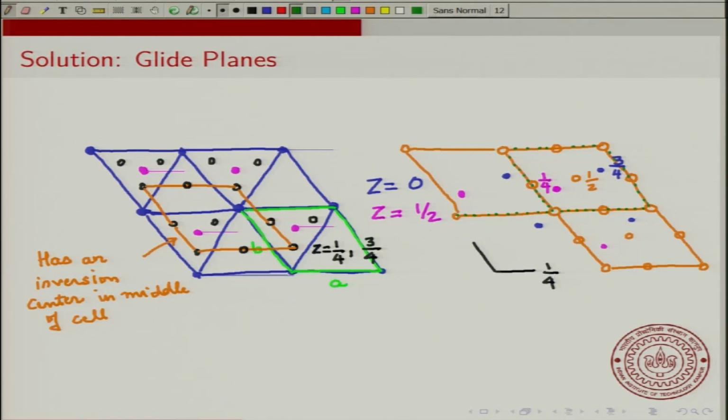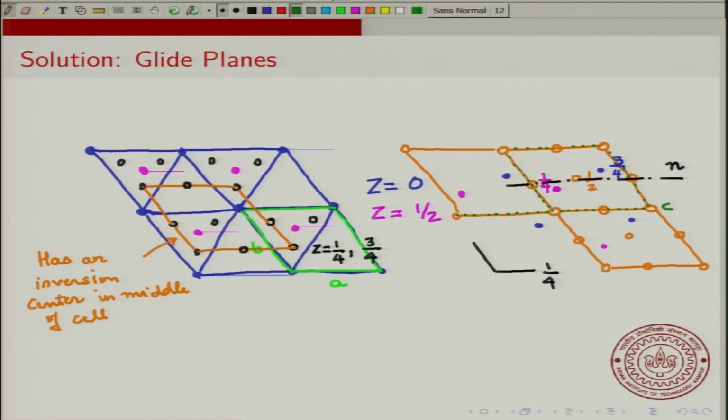There is a diagonal glide plane located here. And the symbol for a diagonal glide plane is a line and a dash. So, this is a diagonal glide, an N glide plane. This is a C glide plane, and so on.